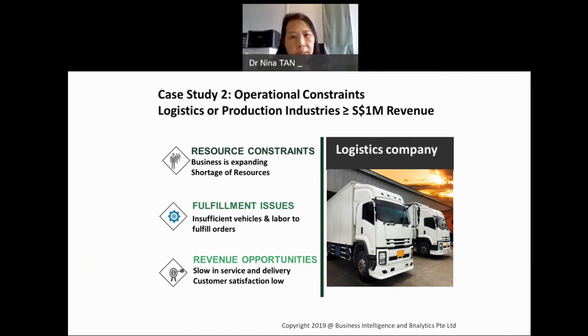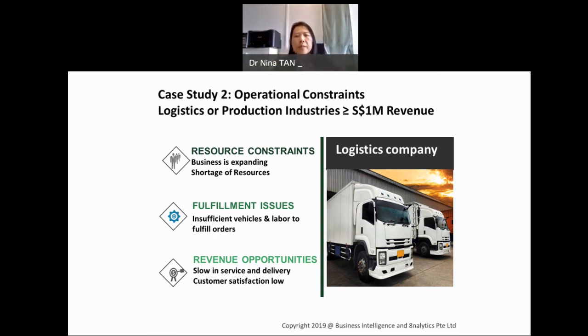The second case study is about an operational constraint, logistics or production manufacturing. So anybody who needs resources, asset utilization, people, so long as it's either people, time, or asset-based, you have certain capacity constraints.